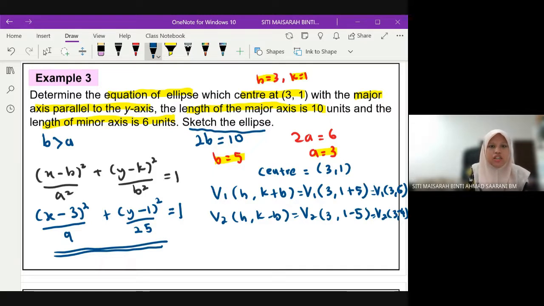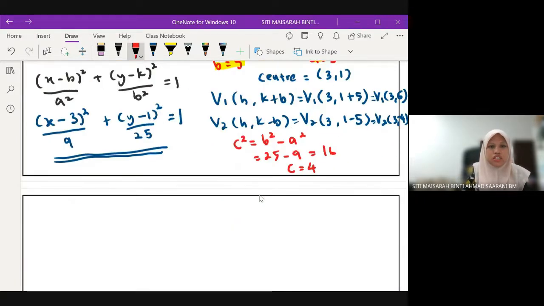Okay. So then next cari pula focus. Focus kena cari. So kita tak ada nilai c, so cari dulu c. c square sama dengan, since b more than a, so b square minus a square. So b square is 25 minus dengan 9, we get 16. So c is equal to 4. So jadi focus 1 is (h, k plus c).